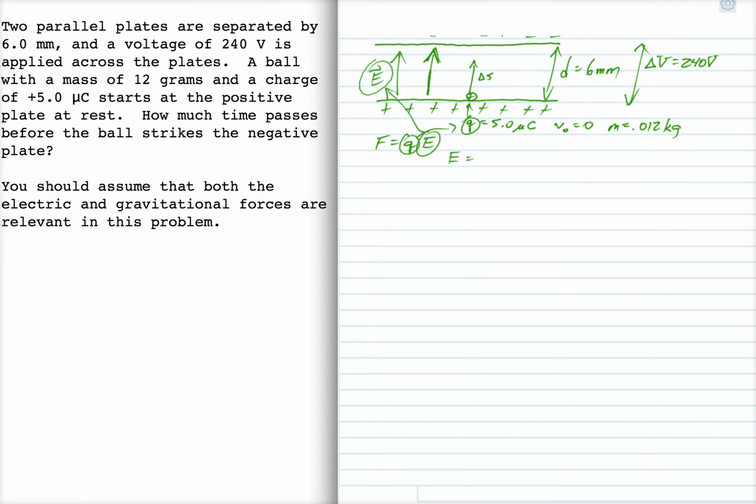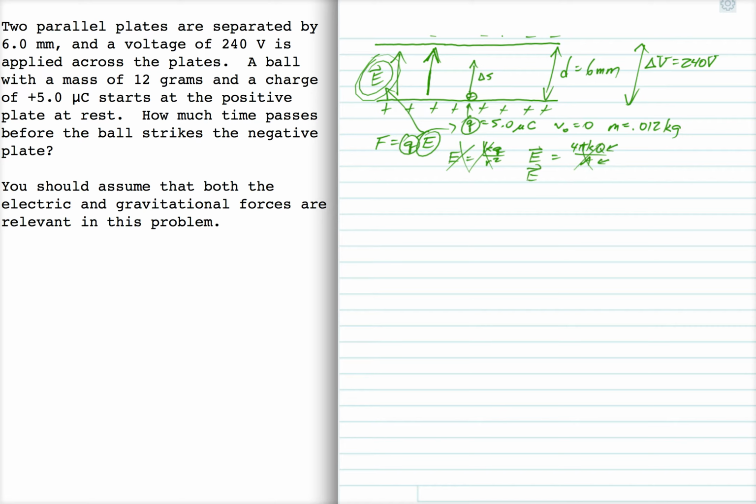So we're not using KQ over R squared here, right? Because the electric field in question is not the electric field of a point charge. Instead, we have a point charge that is moving within a uniform electric field. Now, the electric field between two plates can be found with 4 pi KQ over A, but I don't know Q and I don't know A, so I'm not going to bother with that.